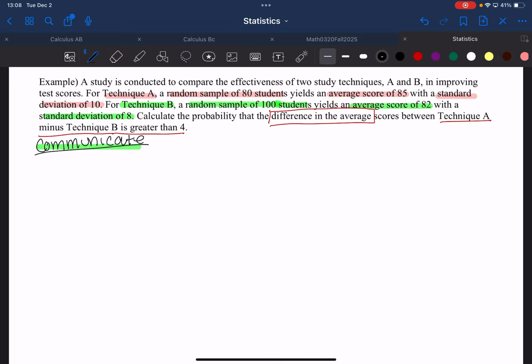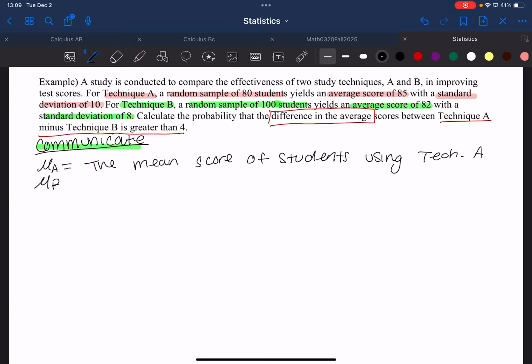So I have the average for technique A and the average for technique B. So you could say mu of 1, or we're just going to say mu of A because it's technique A. So mu of A is the mean score of students using technique A. And then mu of B is going to be the same thing but using technique B.